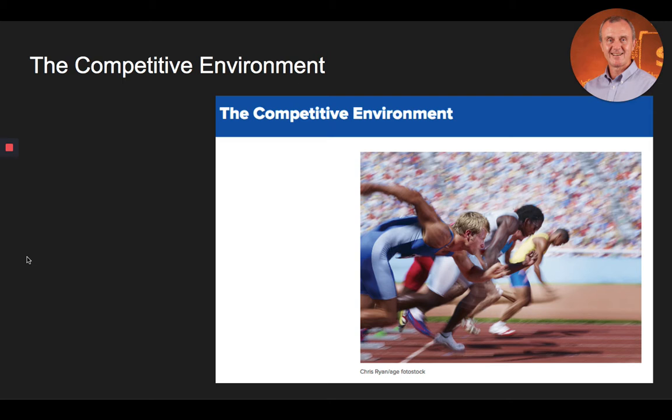This means the performance outcomes of a strategic decision can hinge upon the decisions and actions of rival firms competing for the very same customers, employees, suppliers, and so on.